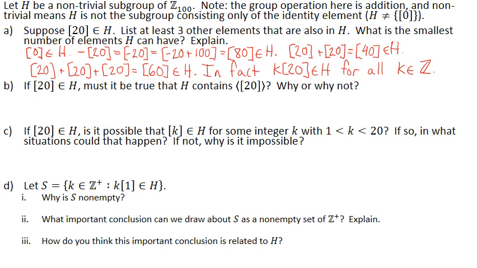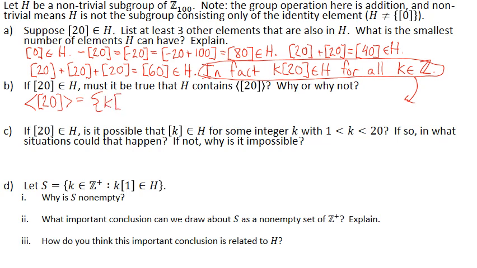If [20] is in H, must it be true that H contains the angle bracket 20, the subgroup generated by [20]? There's too many brackets here. That will in fact be true because that's what we just said on the last part A. So the subgroup generated by [20] is exactly the integer multiples of [20].